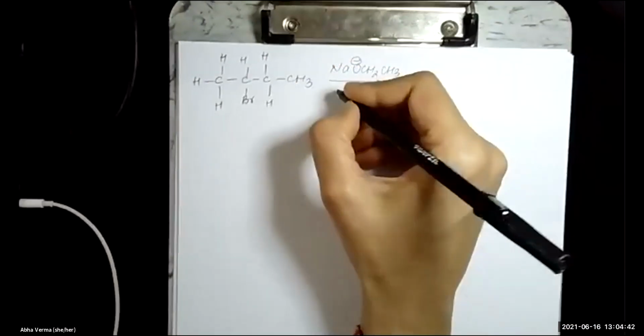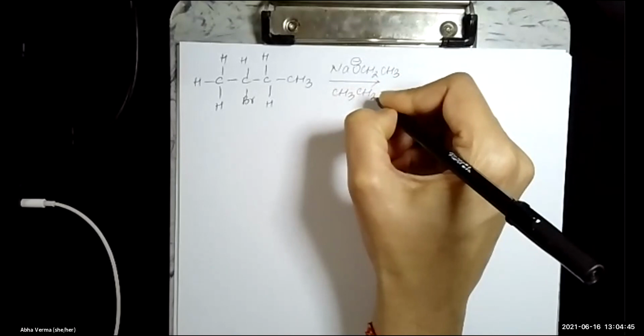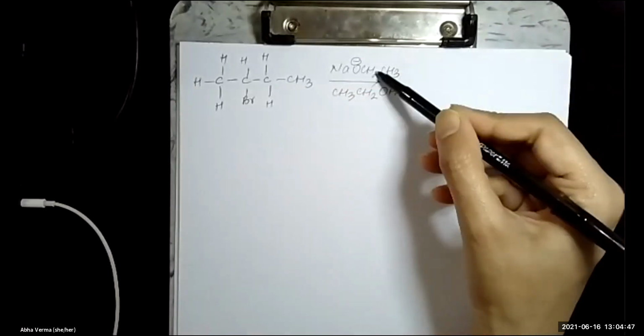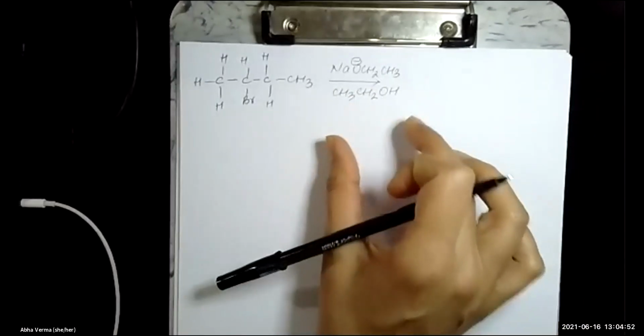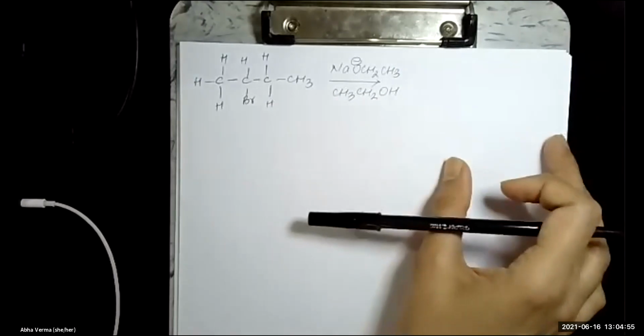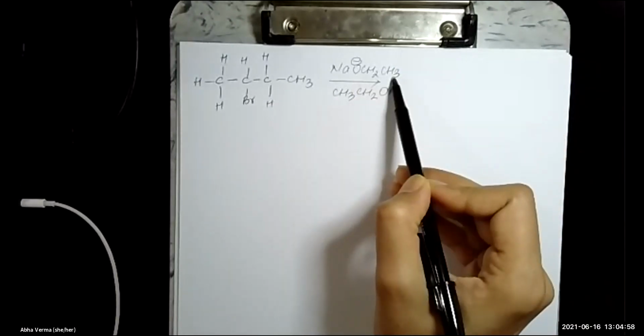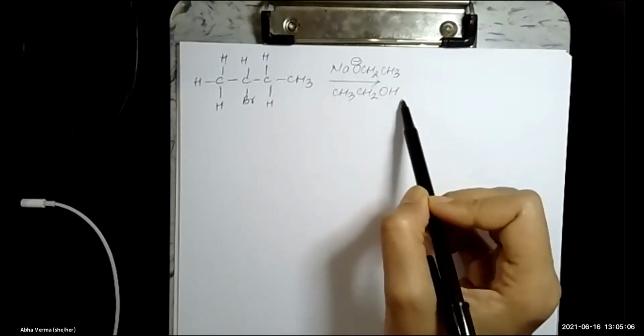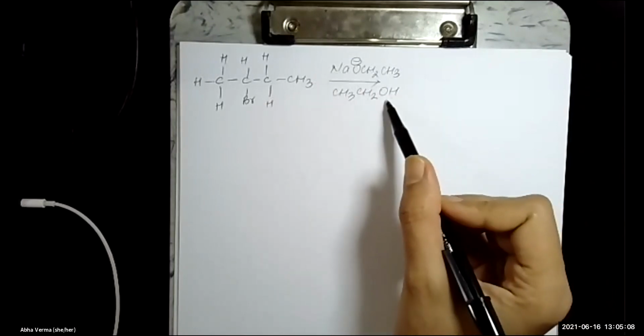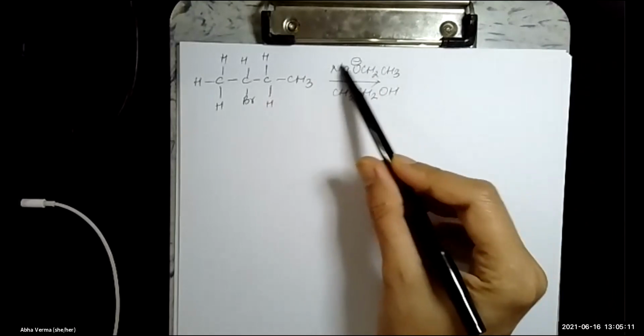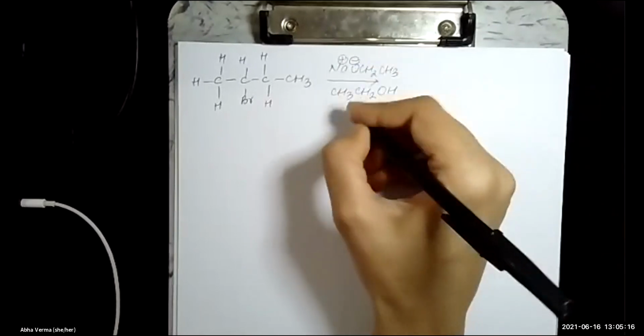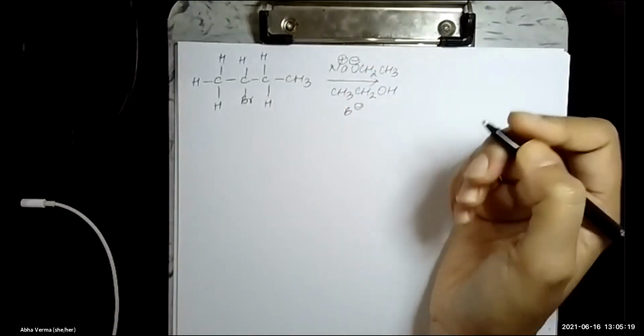If with this, the corresponding alcohol is provided, then you have to be sure that now you will have an elimination mechanism going on. So this is the ethoxide and this is the ethanol. During the reaction, when the base is consumed, the sodium and this acidic hydrogen replace each other, and then it will regenerate your base. So this oxygen is your base right here.